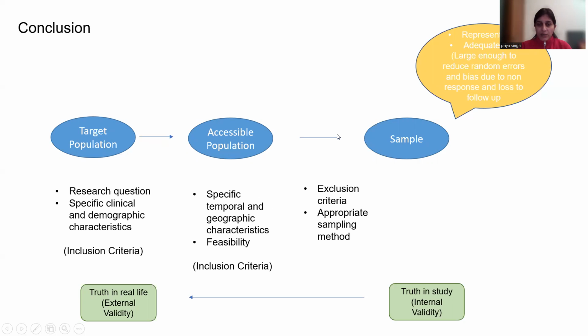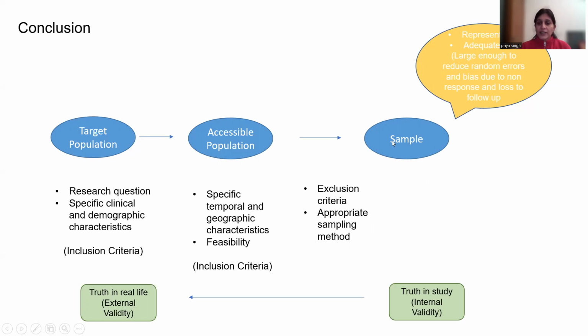From this accessible population, a sample or a subset is drawn applying various exclusion criteria and appropriate sampling methods. The sample thus drawn is representative of the target population and of adequate size, that is, large enough to reduce random errors and bias due to non-response and loss to follow-up.